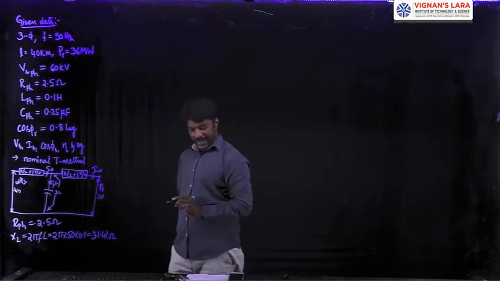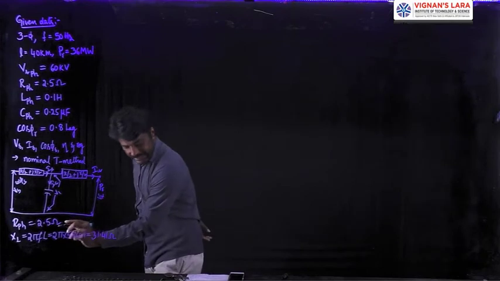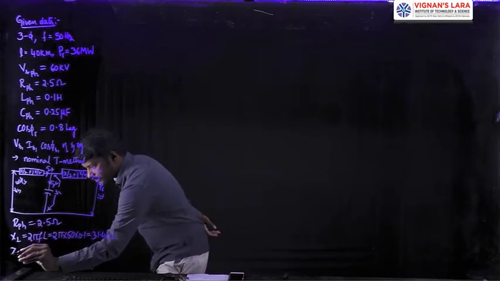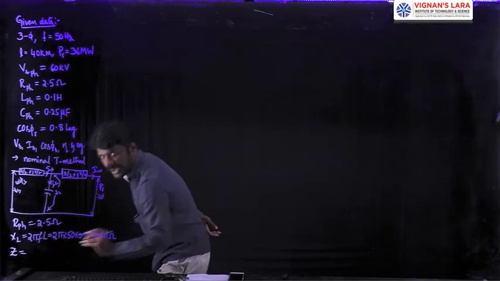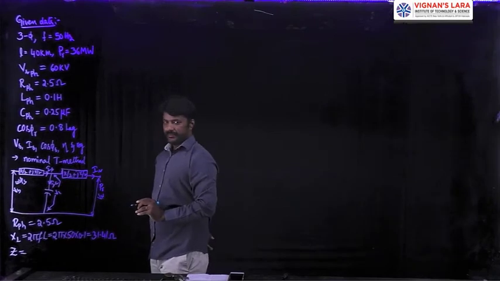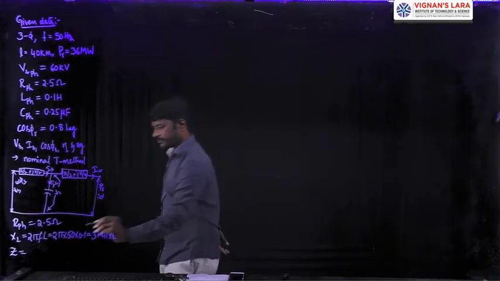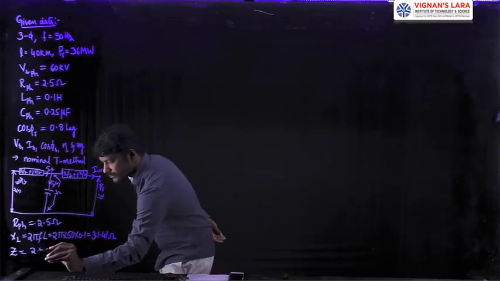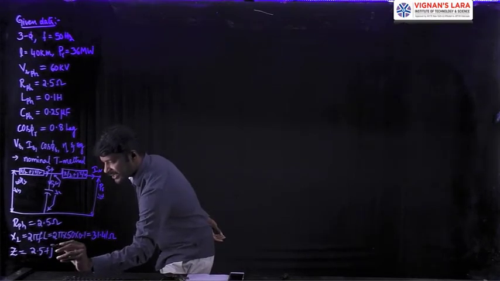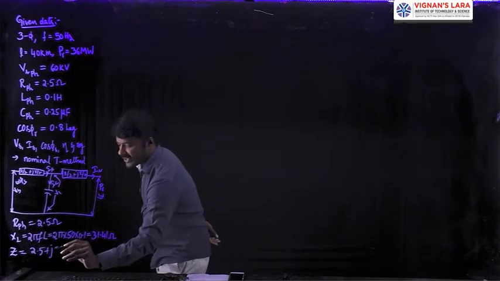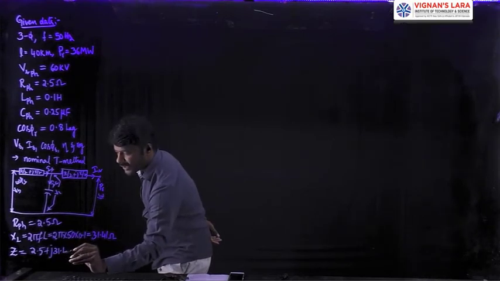In the same lines, we have to calculate the Z value, which is equal to R plus j XL. Yes, the R value is 2.5 ohms plus j XL value is 31.41 ohms.